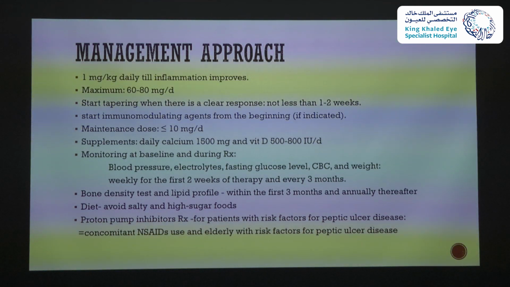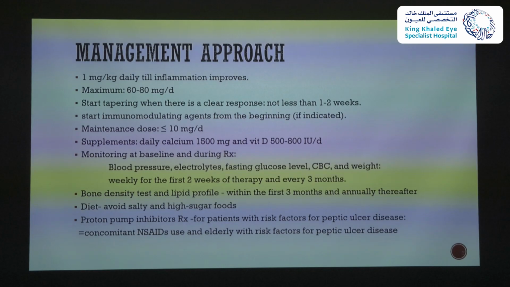Supplements are very important, daily calcium and vitamin D. And we should monitor at baseline and during the treatment course some vital signs like blood pressure and electrolytes, fasting glucose level, CBC, and weight.